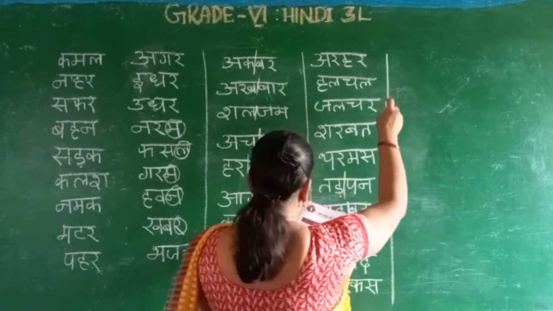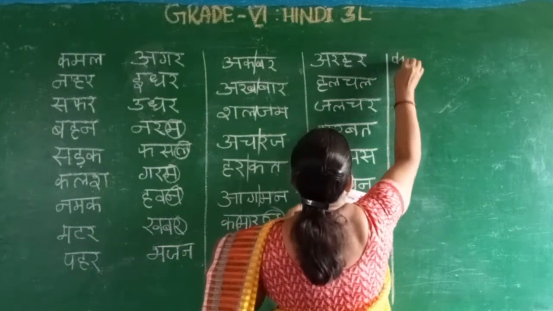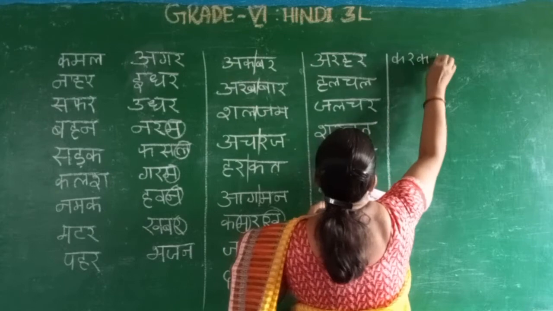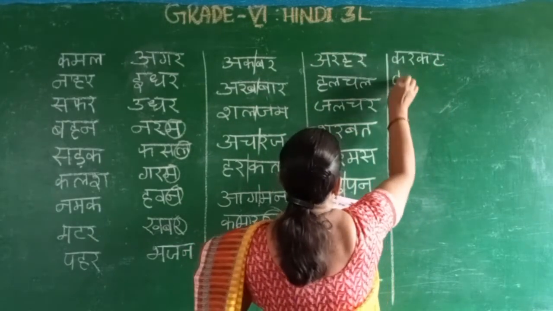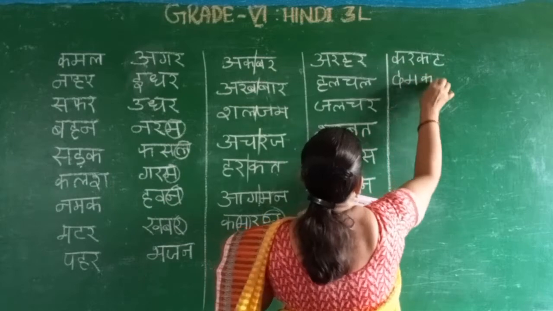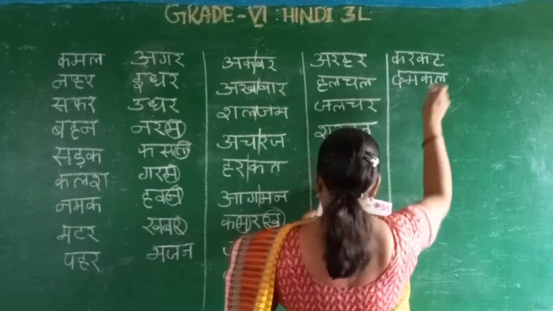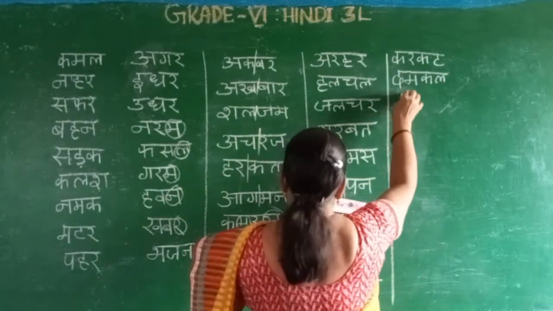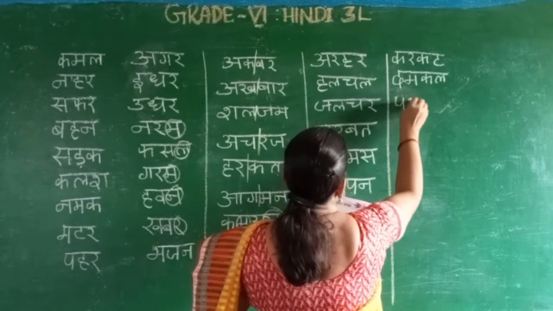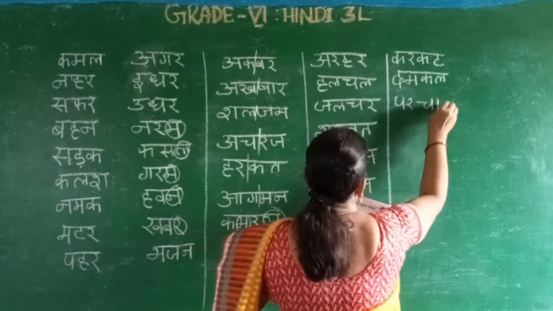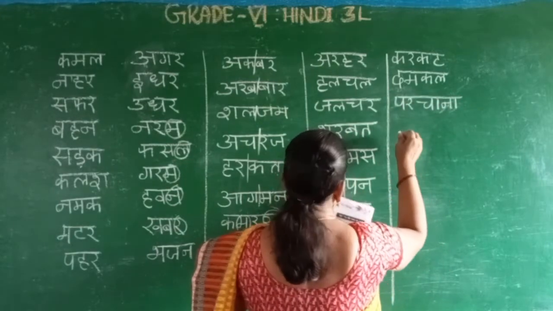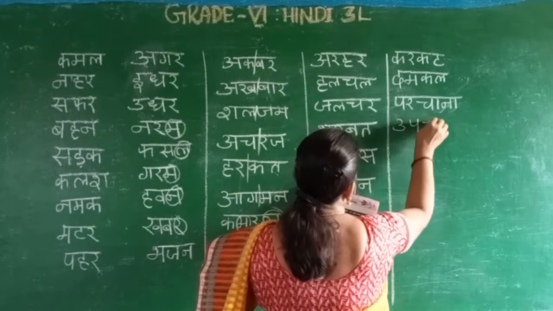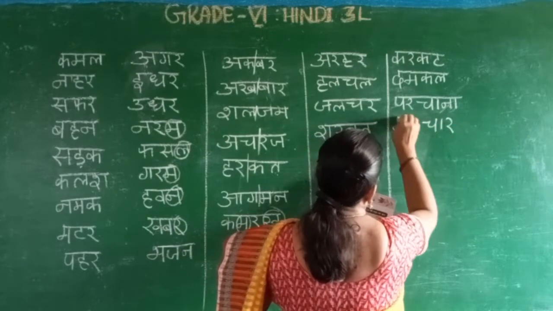Some more words, you see. Ka, ra, ka, ta, karkat. Da, ma, ka, la, dankal. Pa, ra, par, cha, na, parchana. Next, upa, cha, ra, upachar.